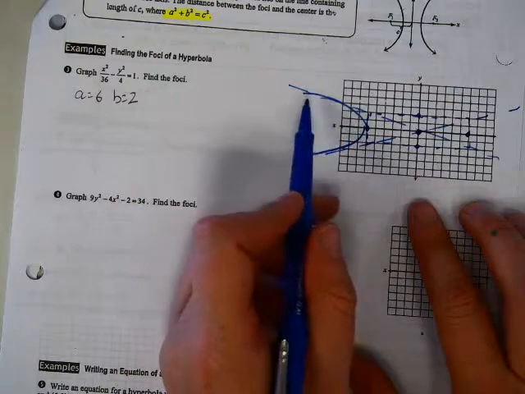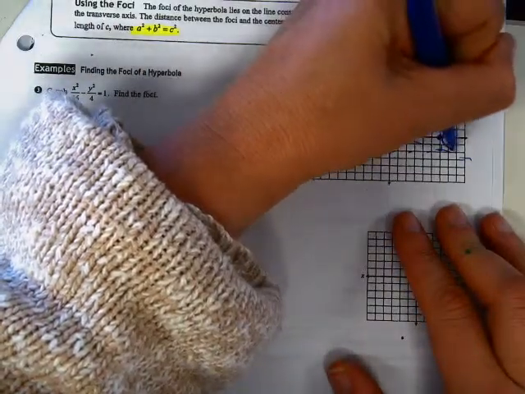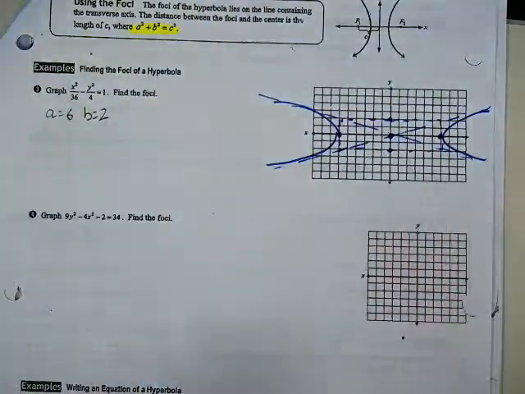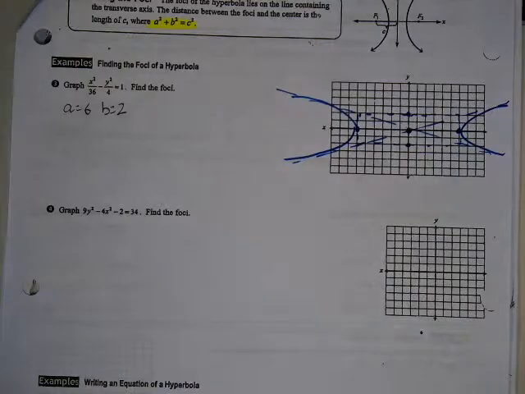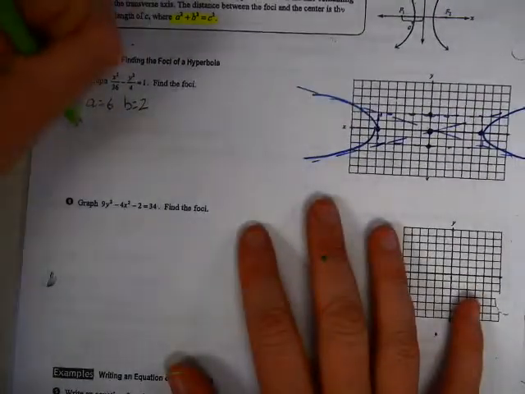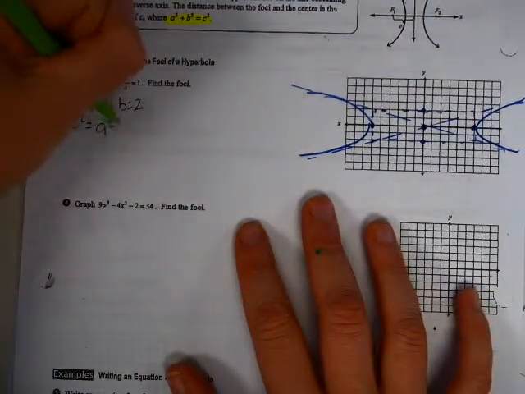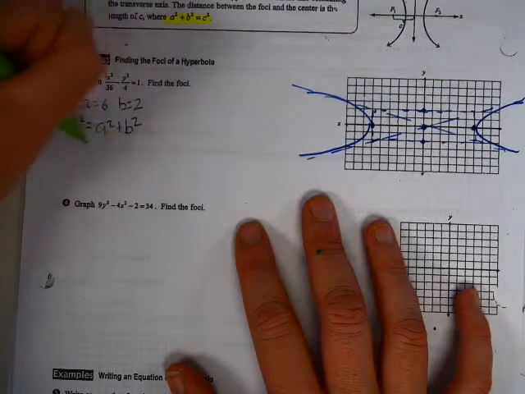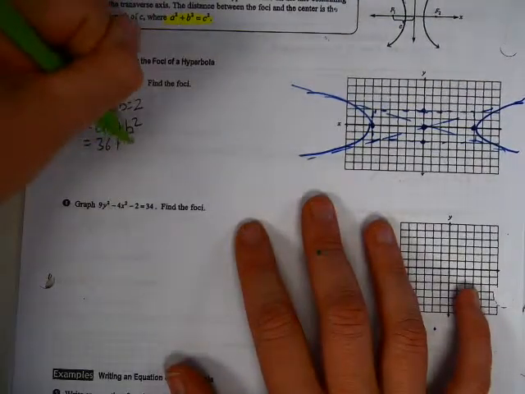Never cross the asymptote. My hyperbola. And now I'm going to find the foci. And I will do it using this equation. c squared equals a squared plus b squared. a squared is 36. And b squared is 4.